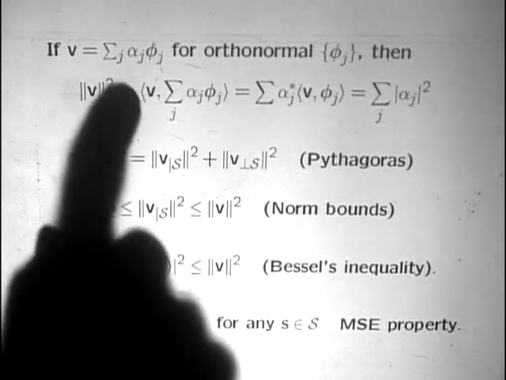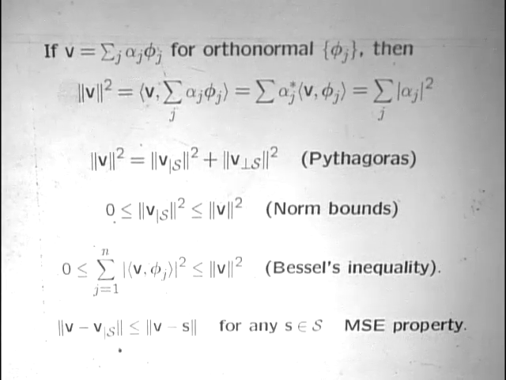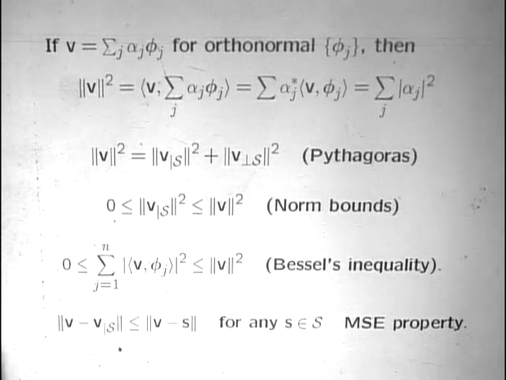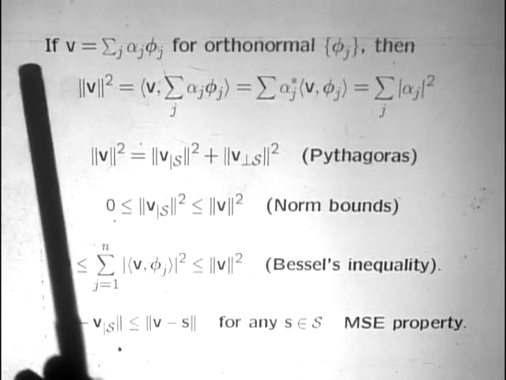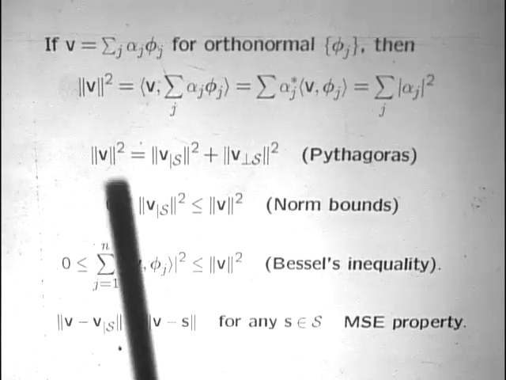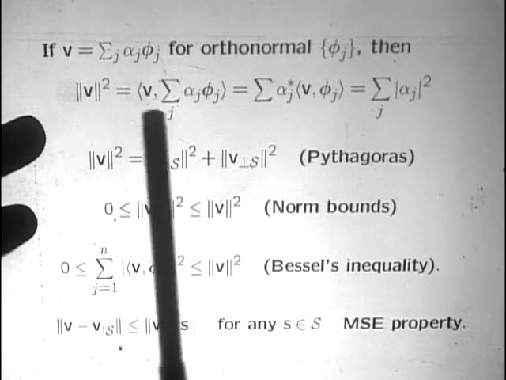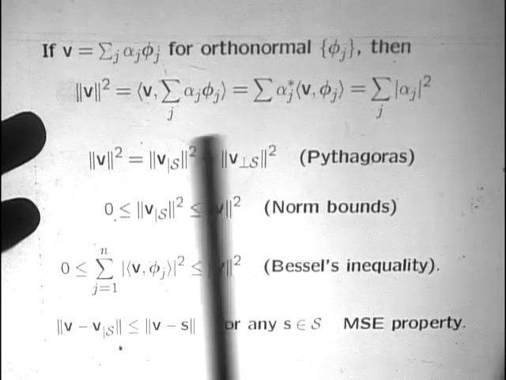If we express V as some linear combination of these orthonormal vectors, then if I take the norm squared of V, this is something we've done many times already.